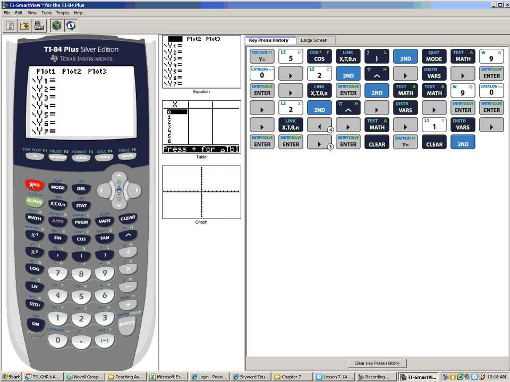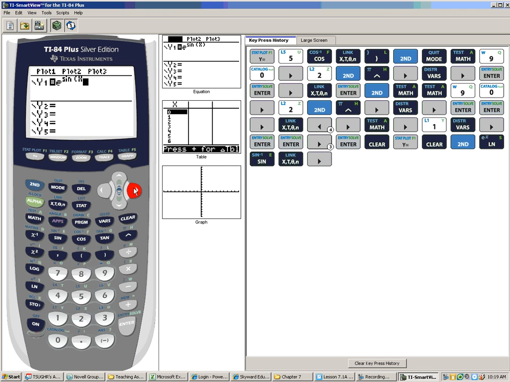Second, e raised to the sine of x. I'm just going to use x. Cursor to the right. Now we're going to have cosine of x. All right. So there's the function.